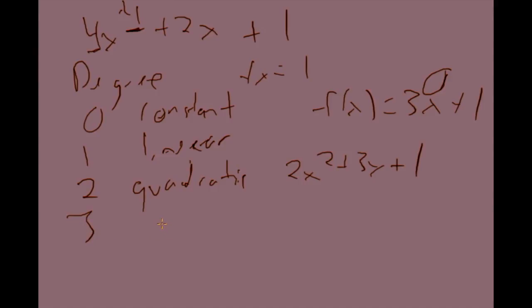Now 3 is cubic, which makes sense, right? Cubed, so 3x to the 3rd plus 2x plus 1. You notice I don't have to get every exponent in there. I could even do 3x to the 3rd plus 1.